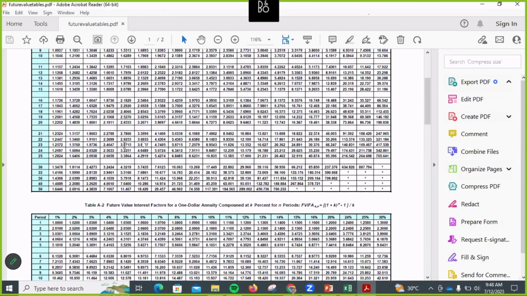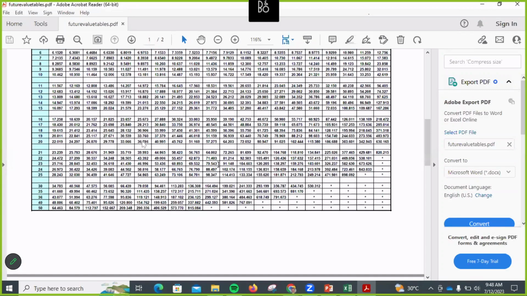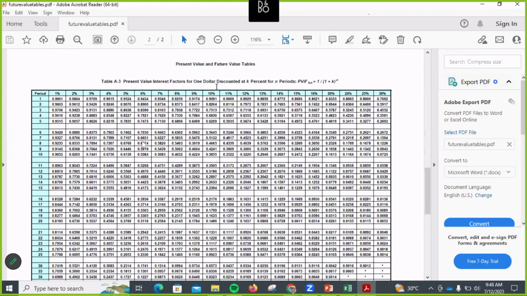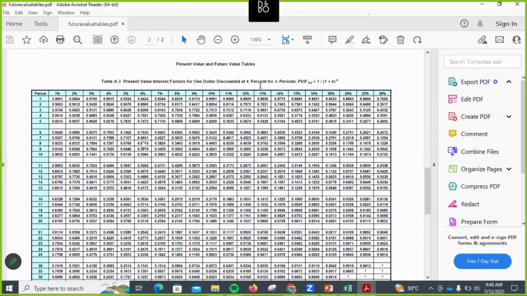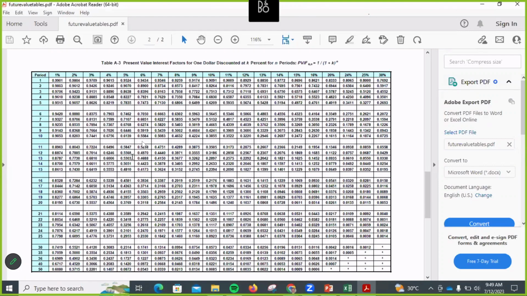A1 future value, A2 the future value of the annuity. Third one, present value of $1. So 1 rupee is 1 over (1 plus k) to the power n. This is available in table format.